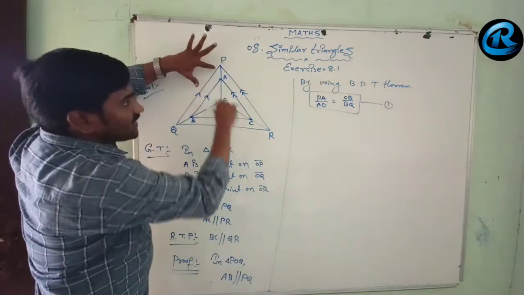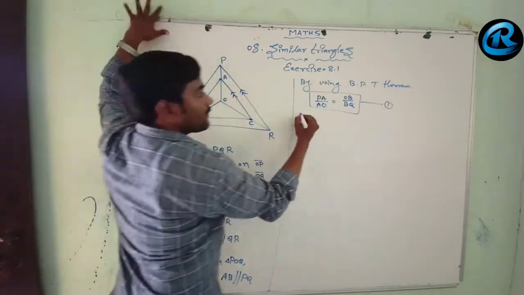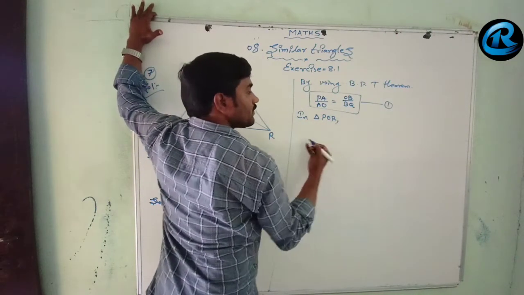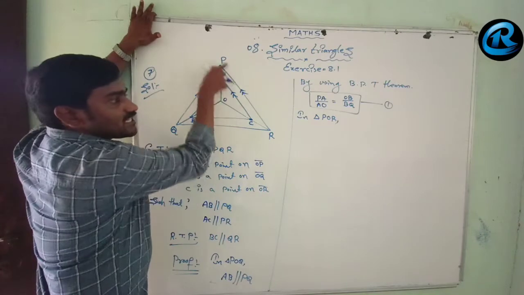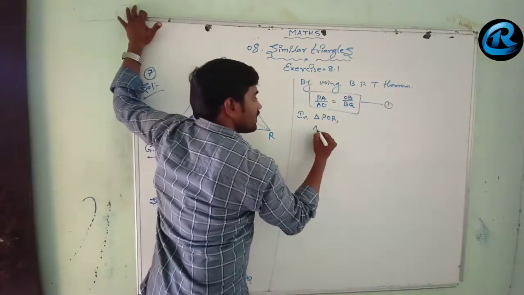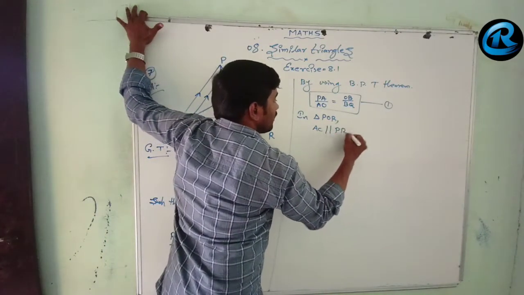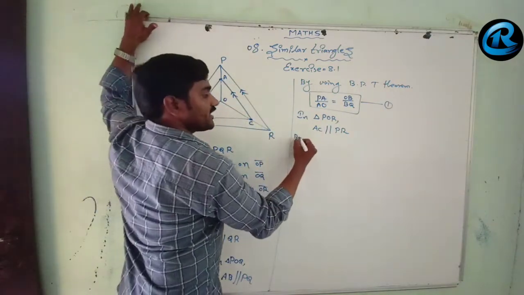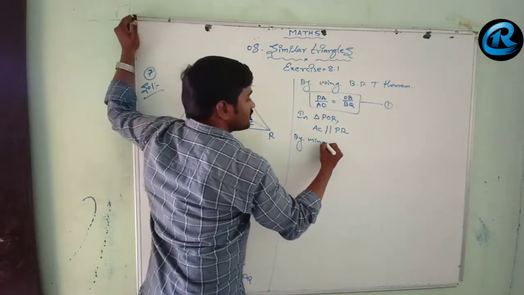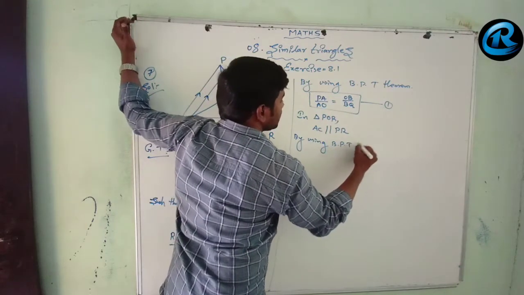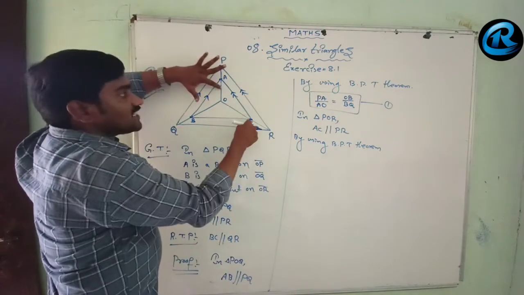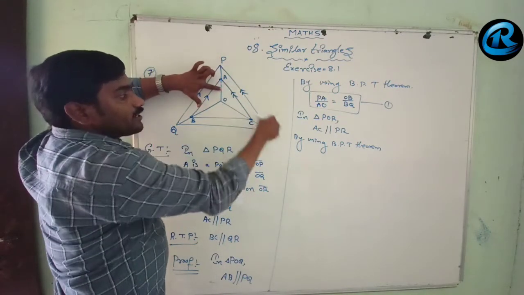Similarly, we have to take this triangle now POR. In triangle POR, so what we can write here? AC is parallel to PR. So what we can say here by using Bpt Theorem again? By using Bpt Theorem, we can say that this AC line is parallel to the PR.